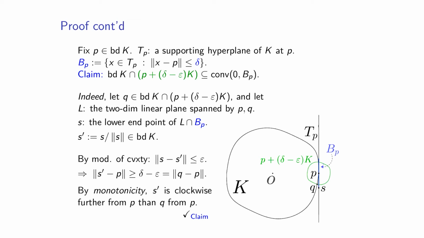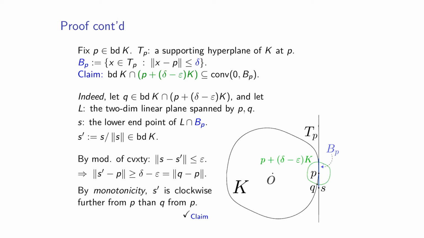The point is, just using the definition of the modulus of convexity, you obtain that this S prime is further away from P than Q. So if you walk clockwise from P along the boundary of K, you will first hit Q, and after that you will hit S prime. And so we won, because that means that Q is contained in the cone.